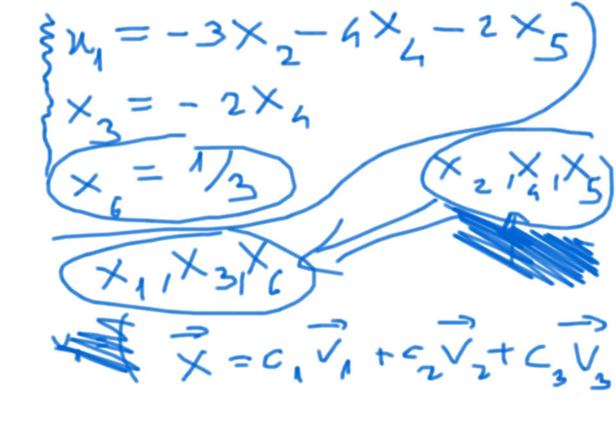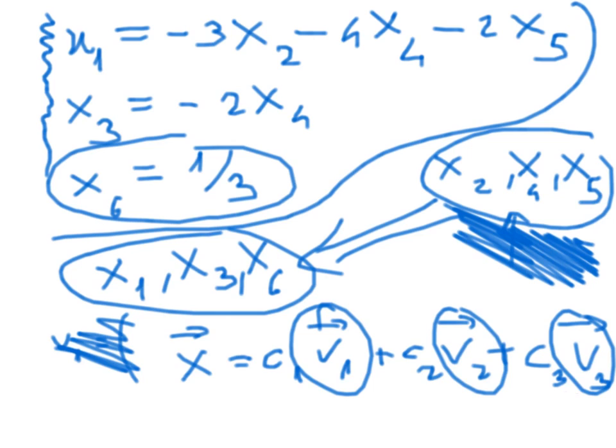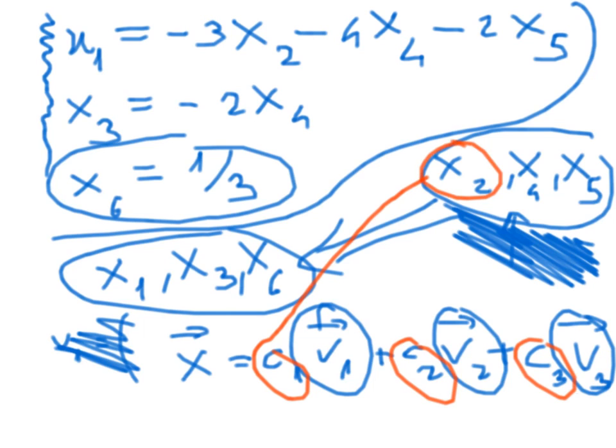So if you want to rewrite v1, v2, and v3, we have to ask which components we have to write here in v1, v2, and v3. Now, here is the magic, and let's change color. What are these c1, c2, and c3? Well, here they are: x2, x4, x5.